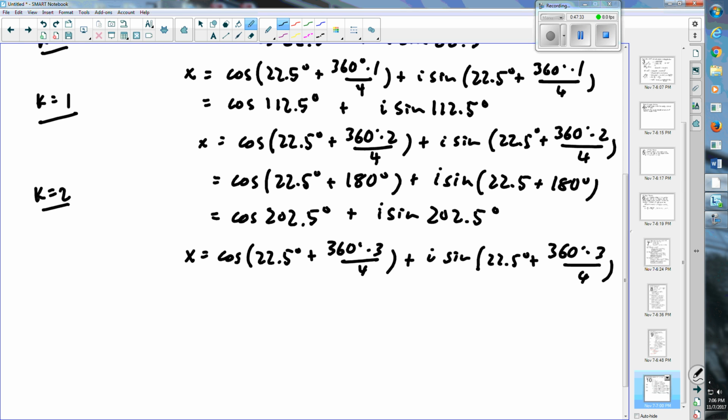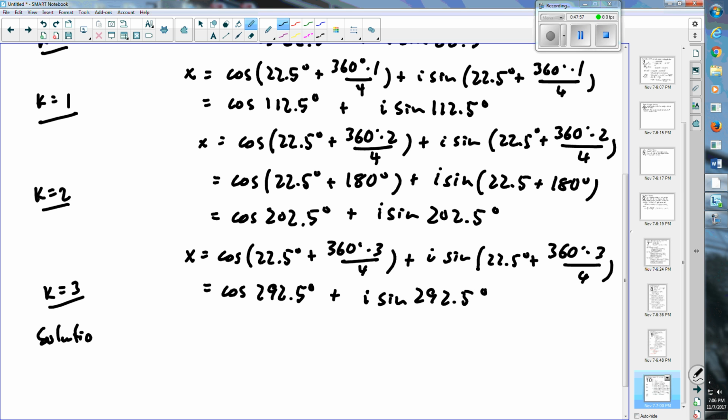All right. So we add all these up and we're going to find that we get the cosine of 292.5 degrees plus I times the sine of 292.5 degrees, and that is when k is 3.